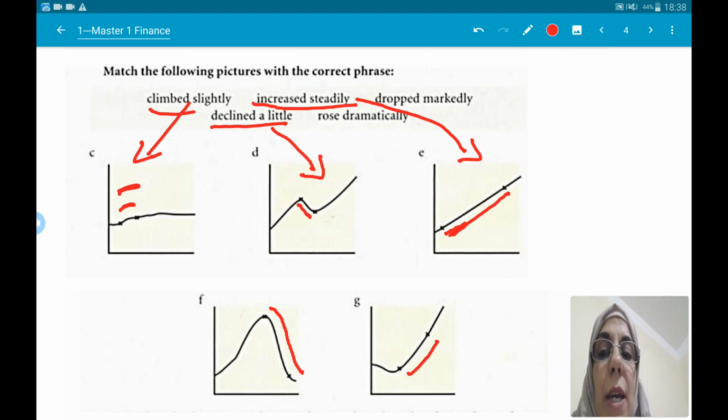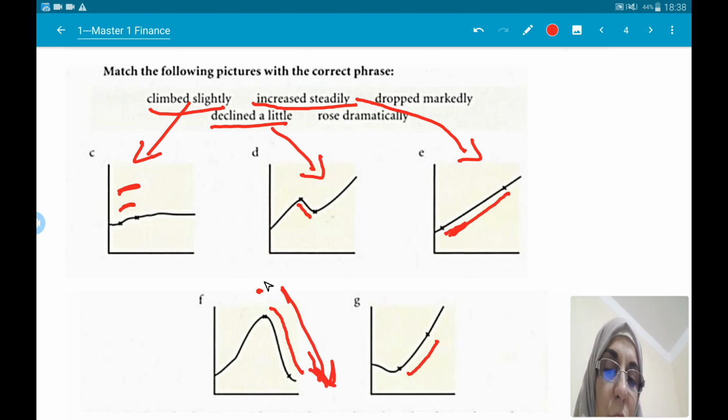There are two expressions that are remaining, dropped markedly and rose dramatically. So F, is it rose dramatically or dropped markedly? Certainly it is to drop, dropped markedly. It's a quick or a fast drop from the peak to the bottom, okay?